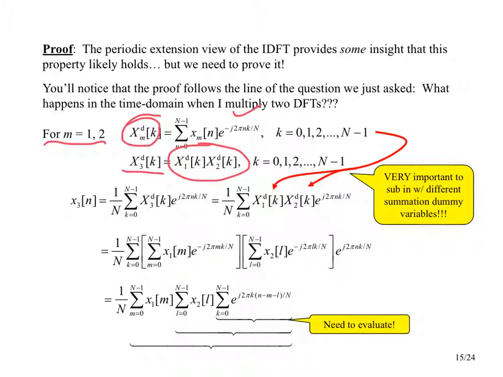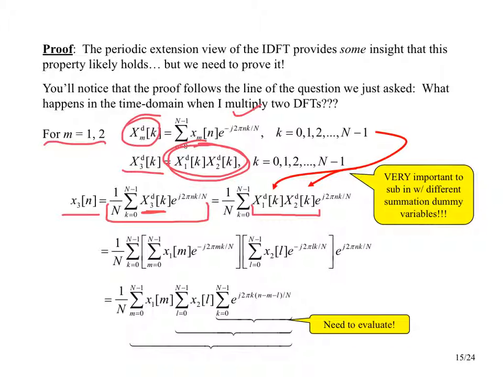And then we say, let there be some signal x3 in the time domain that comes from doing an inverse DFT of this new DFT which was formed by a product.